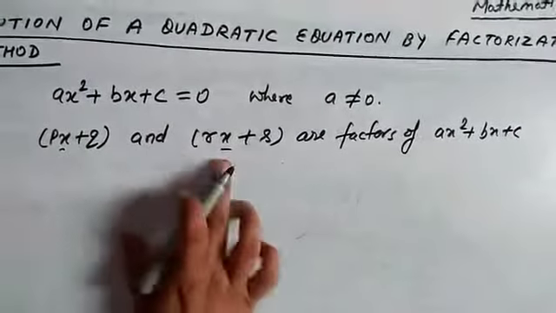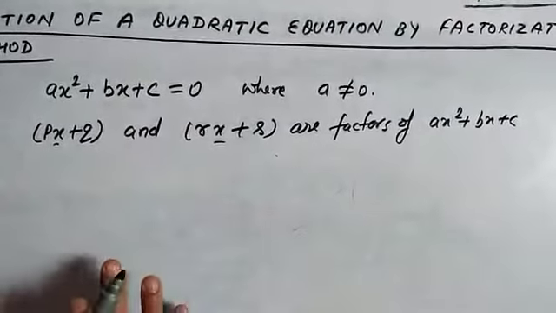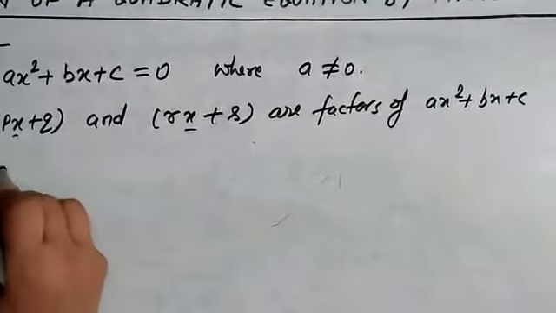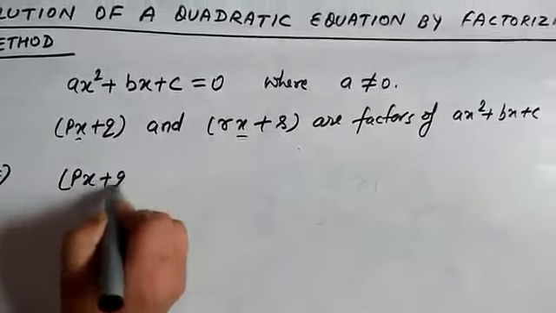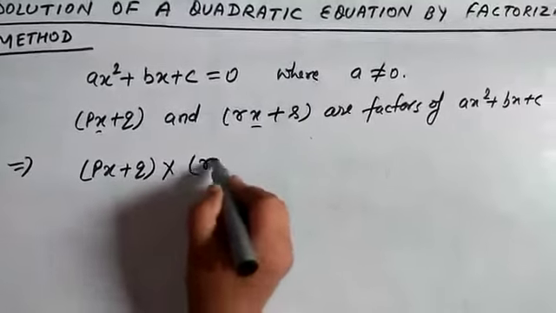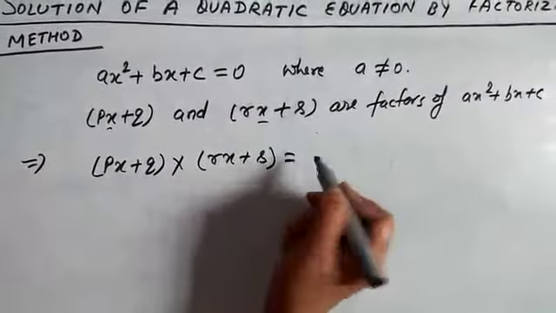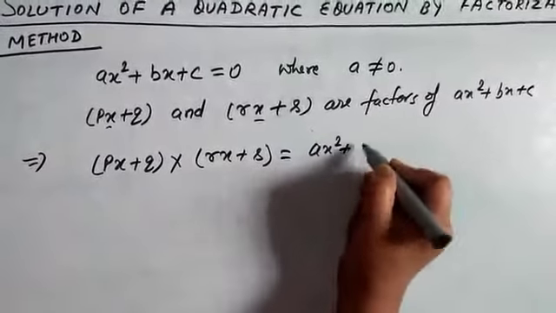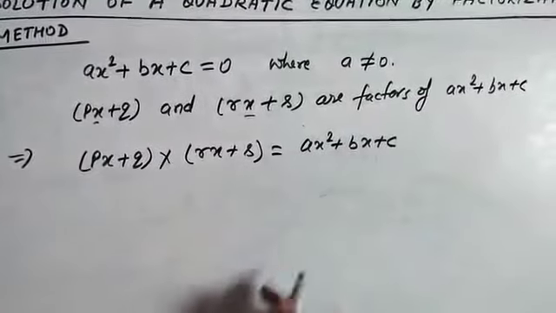Since these two are the factors of this quadratic polynomial, we can say that px plus q into rx plus s equals ax square plus bx plus c.